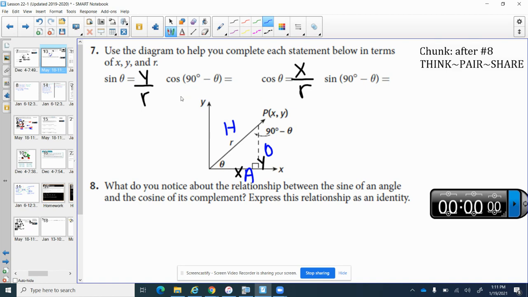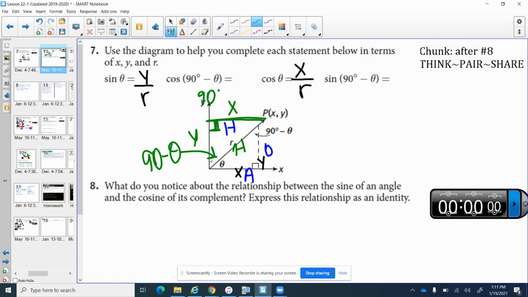Now, what if I asked you for 90 minus theta, however? Well, 90 minus theta is this angle right here. This is 90 minus theta because this is our 90-degree angle, and we subtracted theta away. So what if I flip-flopped this right triangle around so that this is still the hypotenuse, but now we have y and x this way and that way?